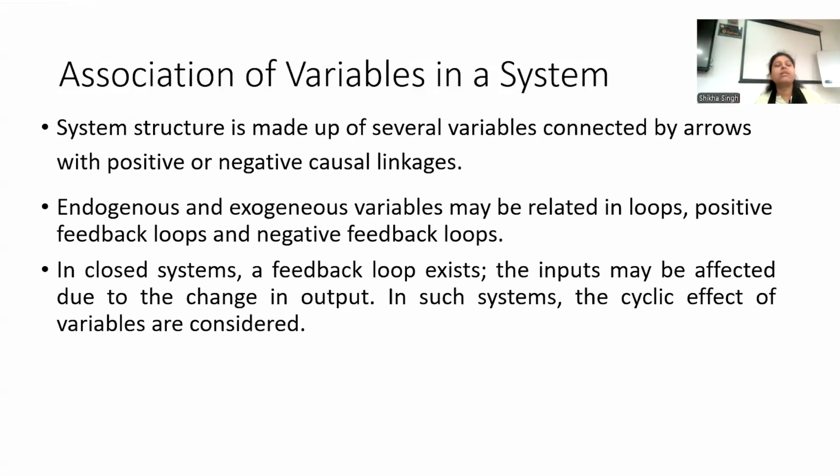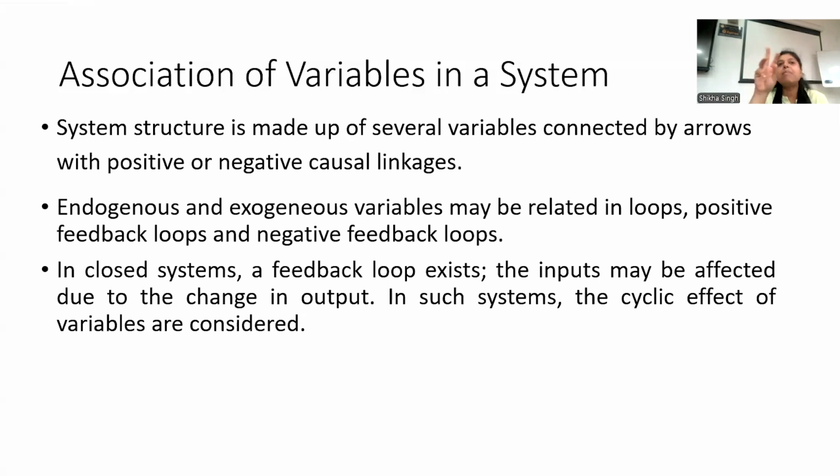Closed systems. Yesterday only you studied it. How do closed systems behave? Closed systems itself is defining that information will be going back to the initial point, right? So this feedback loop exists in closed systems, and input may be affected due to the change of output.